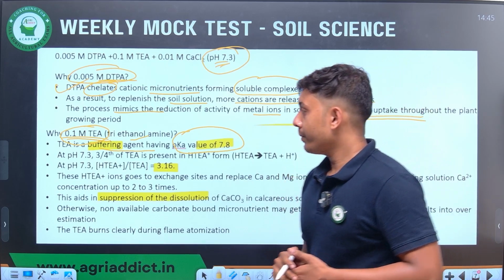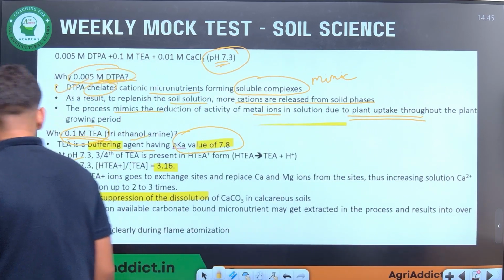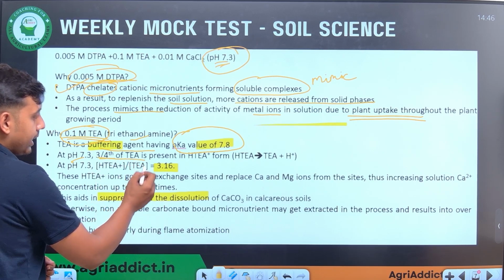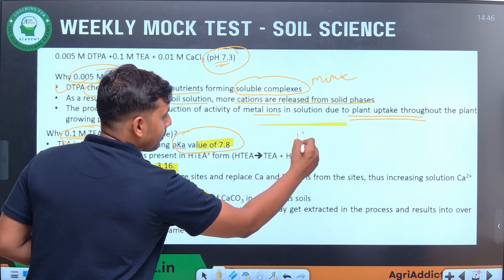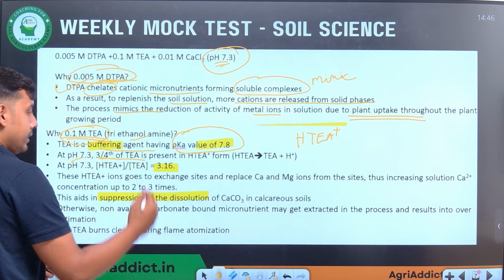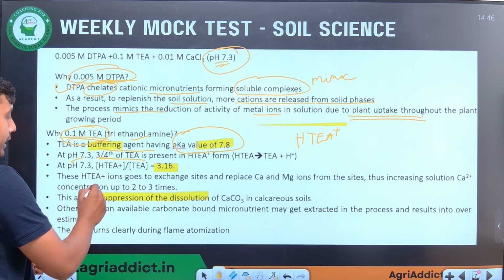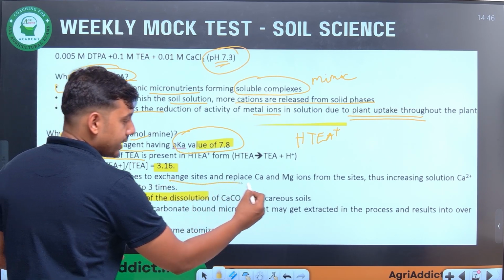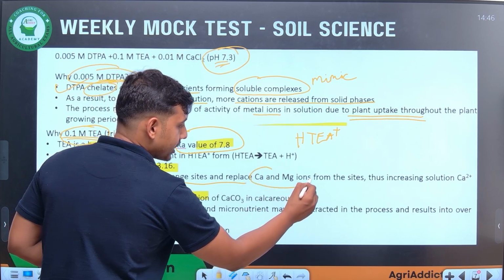What it does, at pH 7.3, around three-fourths of the TEA is present as HTEA+. Okay. This ion HTEA+ goes to the exchange site and replaces calcium and magnesium ions. So it will go to the exchange site and replace calcium and magnesium ions.